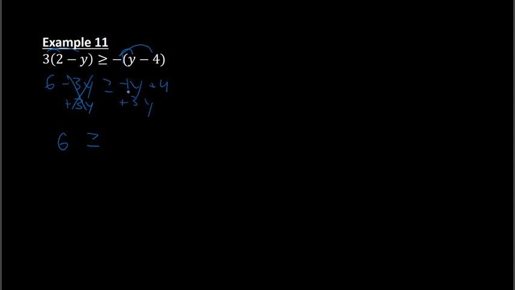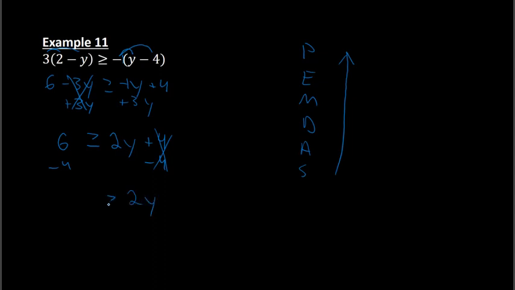We have negative 1 plus 3 would give me a positive 2y, and that is plus 4. All right, and then to finish this off, I do reverse order of operations. So I begin with addition and subtraction first. So we see the plus 4. I need to get this away from the y by subtracting 4. So that cancels. I have 2y on the right. On the left, I have 6 minus 4, which is 2.